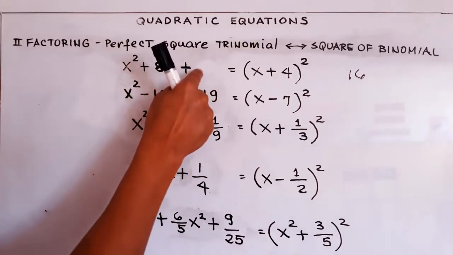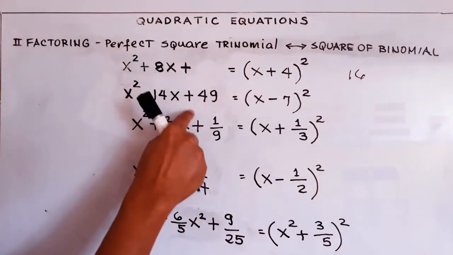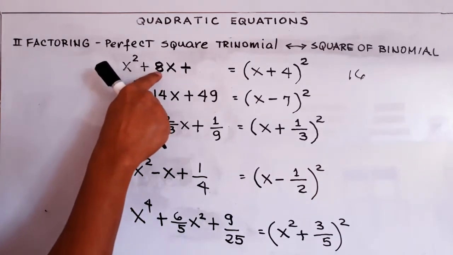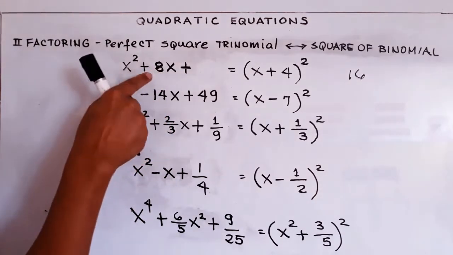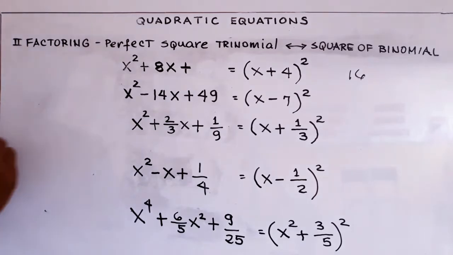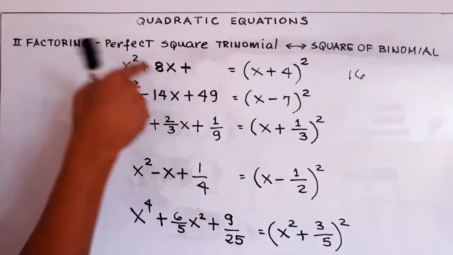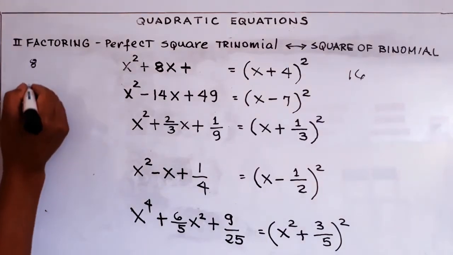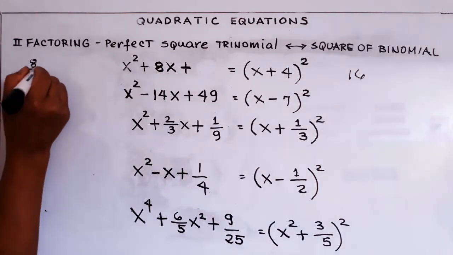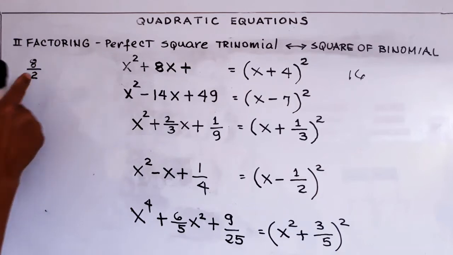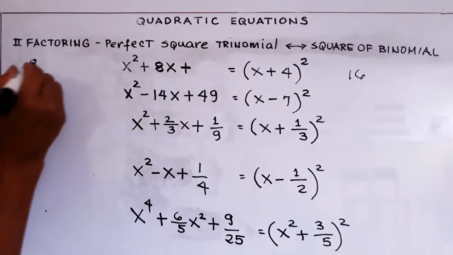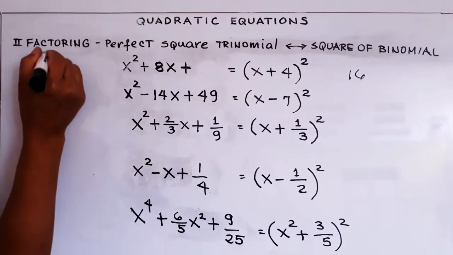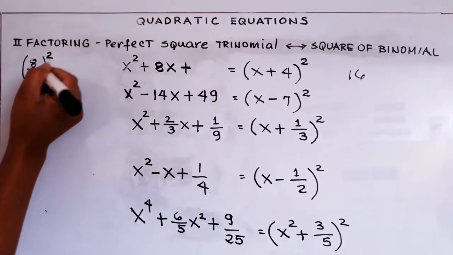Okay, to find that number that we are going to add, because it is always plus plus, take note of the numerical coefficient of the middle term. In this case, class, it's 8. So what we are going to do is put the 8 here and then divide it by 2. It's always divided by 2. And then square the quotient.